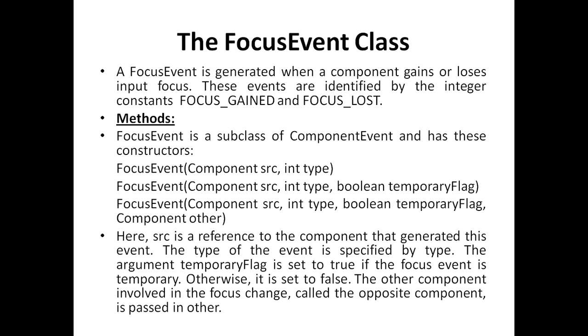Where source is a reference to the component that generated this event, the type of the event is specified by the type. The argument temporary flag is set to true if the focus event is temporary, otherwise it is set to false. The other component involved in the focus change, called the opposite component, is passed in other.